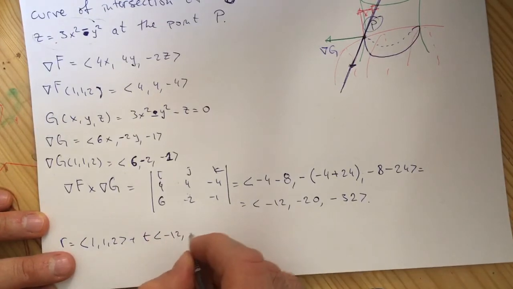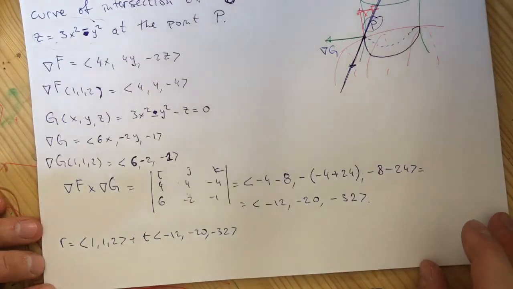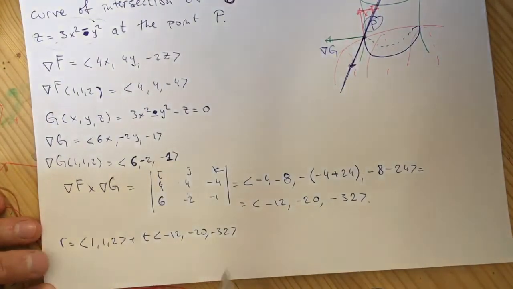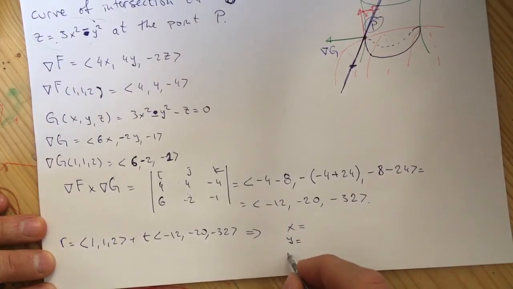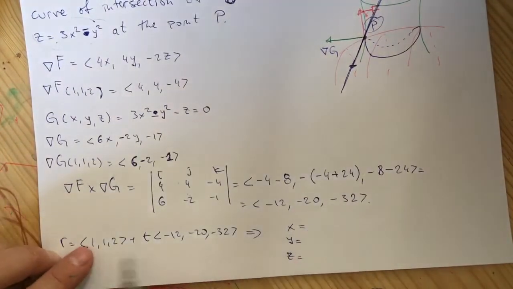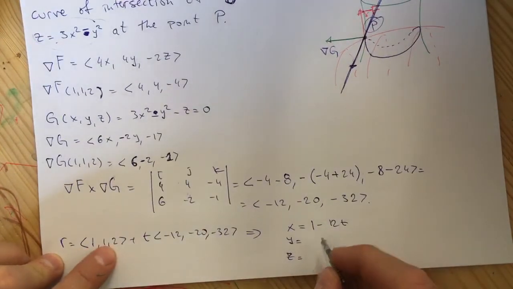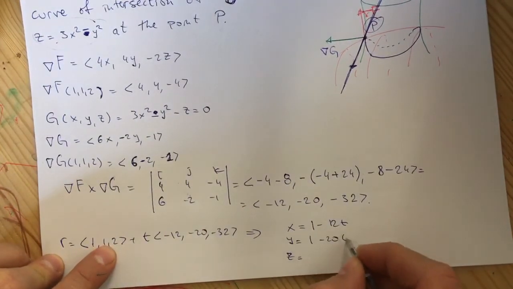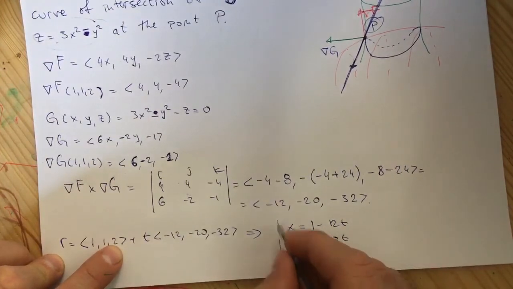So <-12, -20, -32>, or as a matter of fact, any multiple of this vector. Then if you want the parametric equation, x is 1 minus 12t, y is 1 minus 20t, and z is 2 minus 32t.